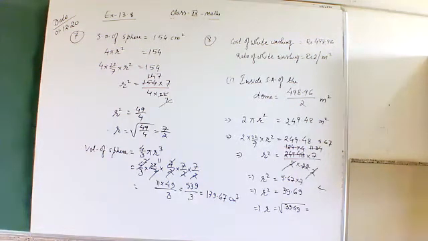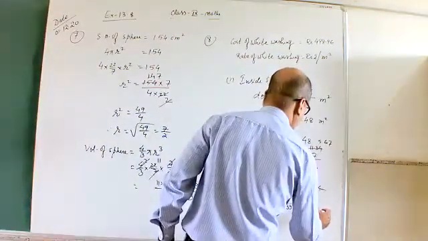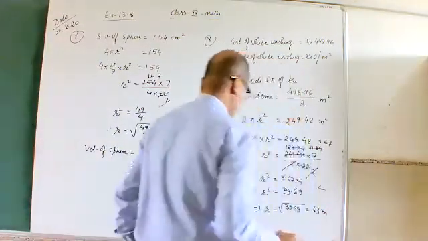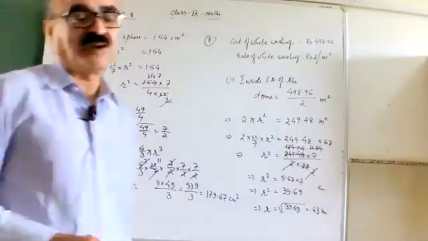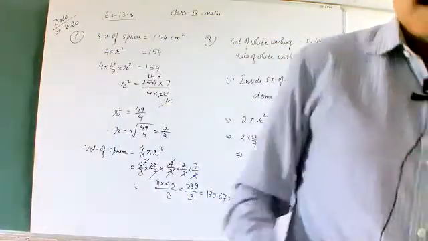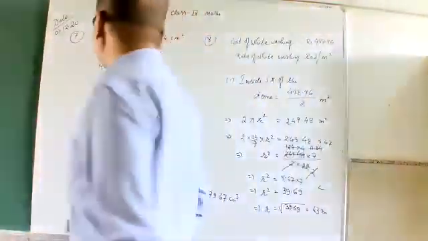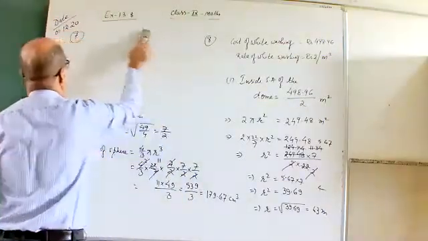That will be equal to 6.3. Right, now volume of air we need to find, volume of air inside the dome. So how will you find out? We will find out volume of the hemisphere.